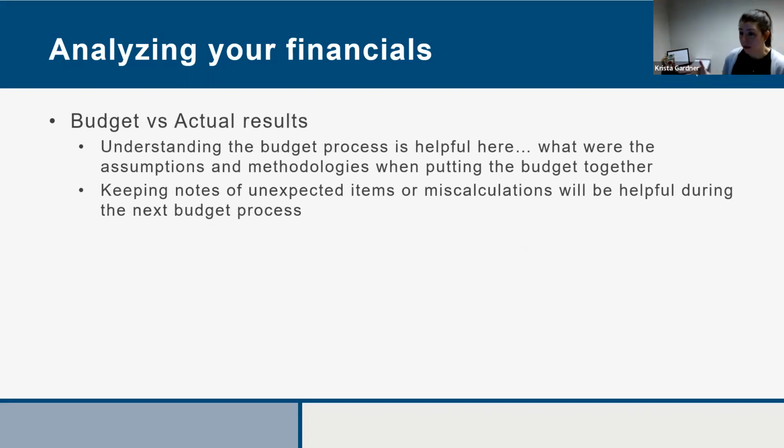Before we get into some tips on preparing our budget, the other thing is analyzing our budget versus actual results. This is where it's important to understand the budget process. If you are presenting information to anyone who's not part of that budget process and you're showing them budget versus actual results, this is where it might be a good idea to include information on the assumptions and methodologies that went into this budget.